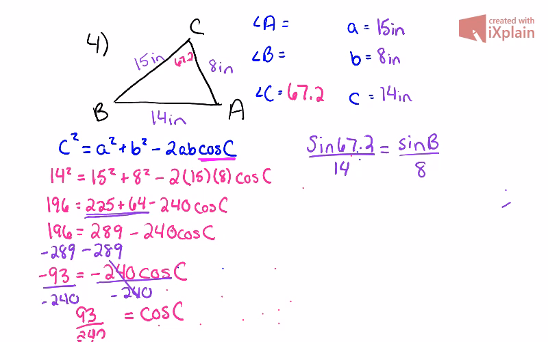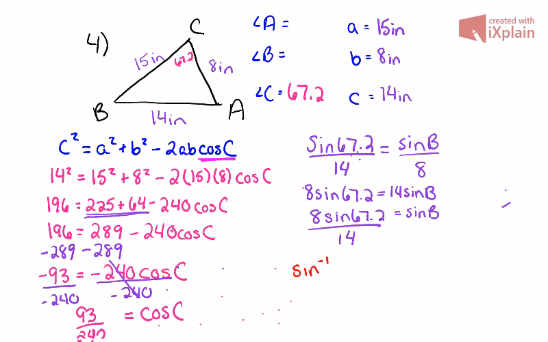So when I cross multiply, I get 8 times the sine of 67.2 is equal to 14 times the sine of B. And then I will divide by 14, and I will get that the sine of B is equal to 8 times the sine of 67.2 over 14. And now I'm going to do inverse sine on both sides to undo my sine.